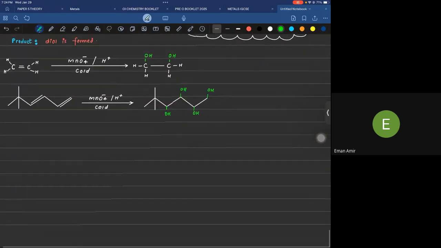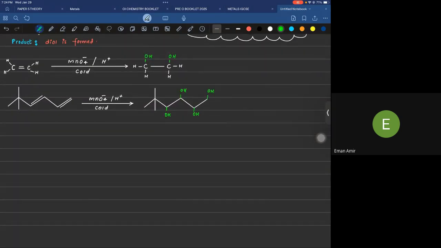Let's see, suppose this is the reactant. Again I'm doing the same thing.